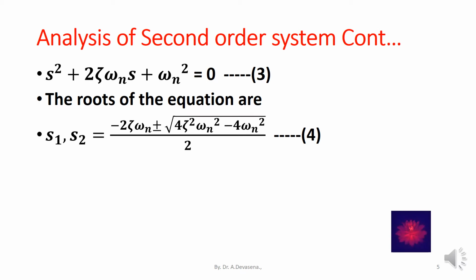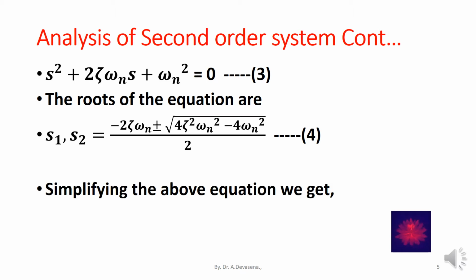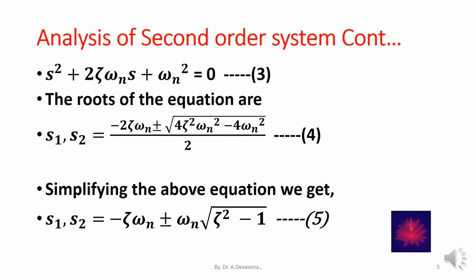Consider this as equation 4. Simplifying the above equation, we get s1, s2 is equal to minus zeta omega n plus or minus omega n square root of zeta square minus 1. Consider this as equation 5.